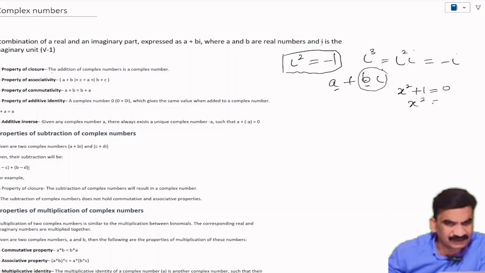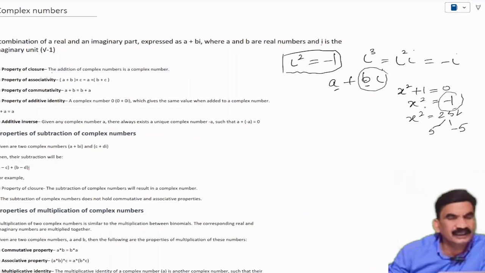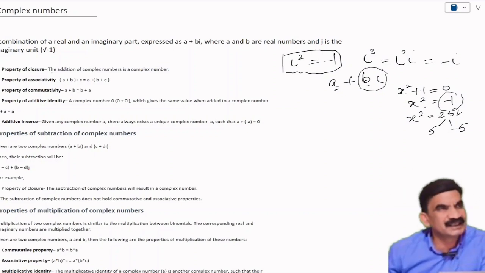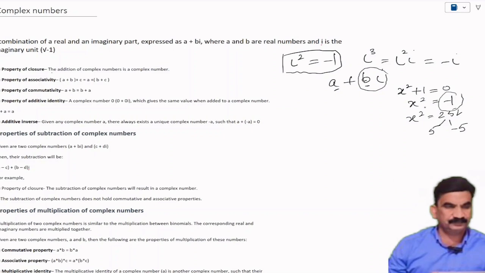Now, how do you evaluate it? How do you get the square root of something? Suppose, for example, x squared is equal to 25. So there exist two numbers, 5 and -5, which when multiplied with itself give 25. But for x squared equal to -25, there's no real number which does that. So therefore, the imaginary numbers were born.